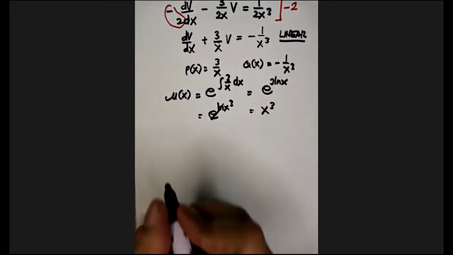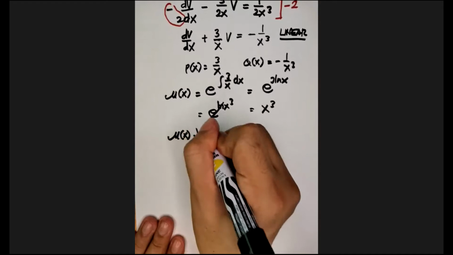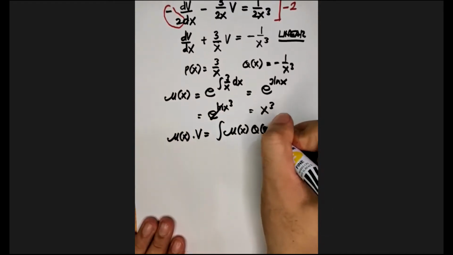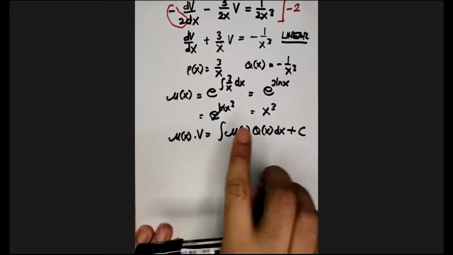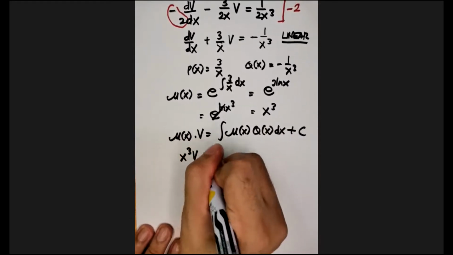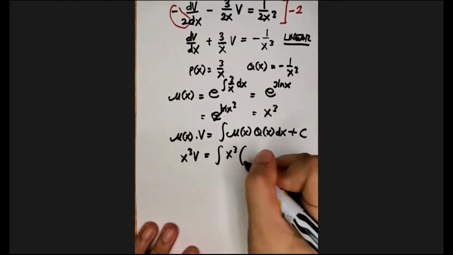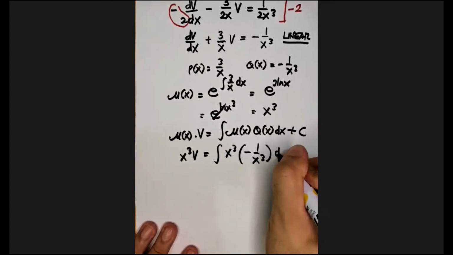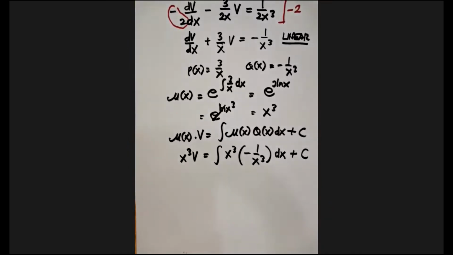Using our formula, yung integrating factor times v is equal to the integral of the integrating factor times q of x dx plus c. Yung integrating factor natin ay x cubed. So x cubed times v is equal to the integral of x cubed times negative 1 over x cubed dx plus c.